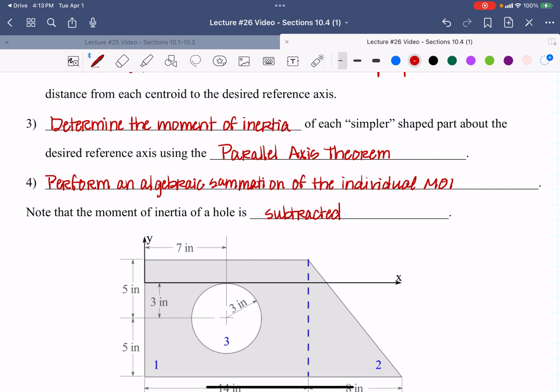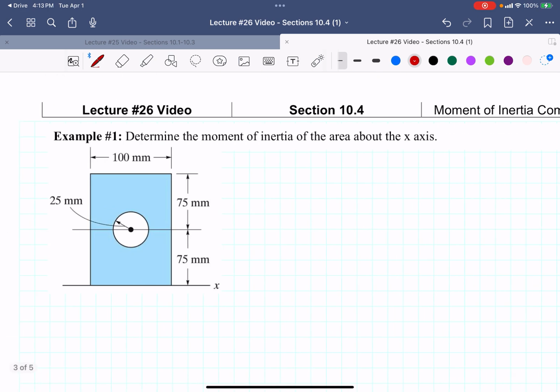So my first example here, I have got a rectangle and a circle. I am going to label my rectangle as part number 1 and my circle, I think I said triangle before, as part number 2. My circle is going to be part number 2, so I'm going to subtract part number 2.